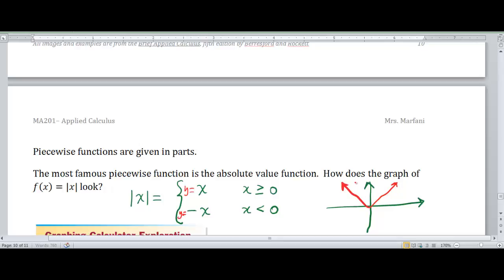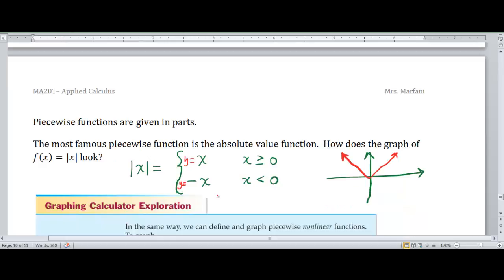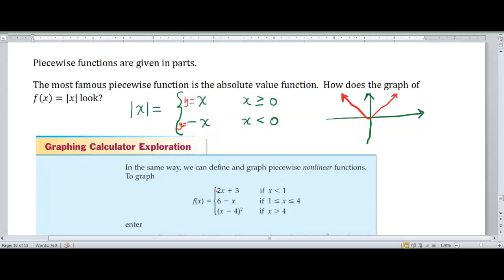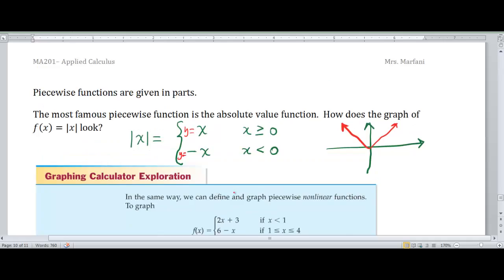So no matter what the x value is, the y value will always be positive. And that's what absolute value is, right? Makes all numbers positive. What is absolute value exactly? It is actually the distance from 0. So the absolute value of -5 is 5, which means it's 5 units away from 0 on the number line.